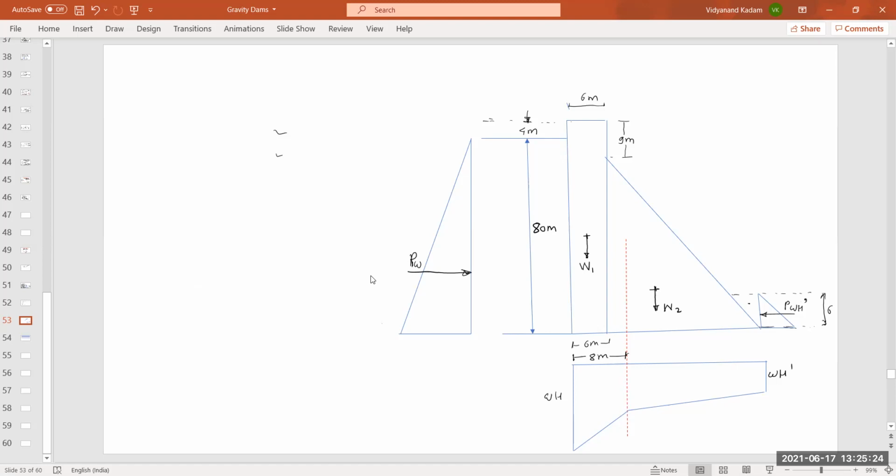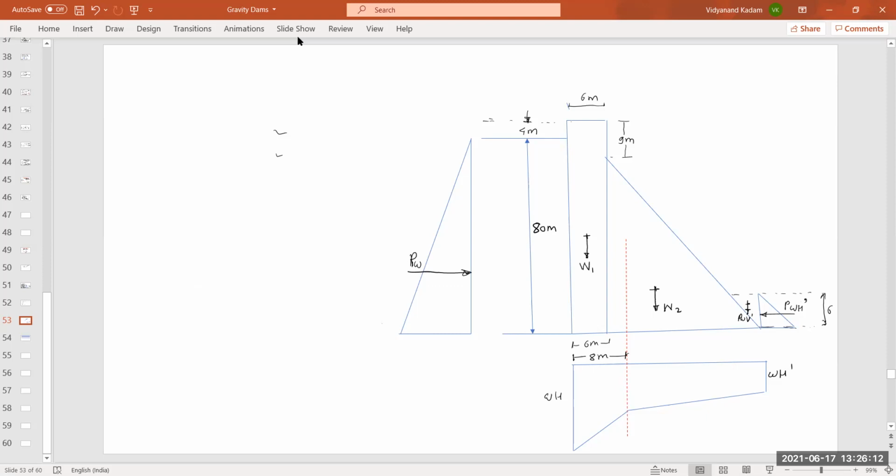After the self-weight, the next force is the horizontal water pressure. That is PWH, already shown. PWH dash is also shown. And also we have to calculate the weight of water on the downstream face. So this PWV we have to find out.